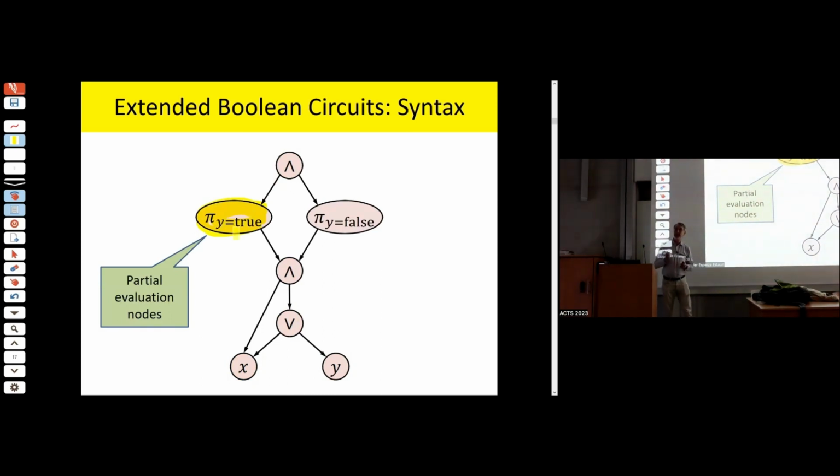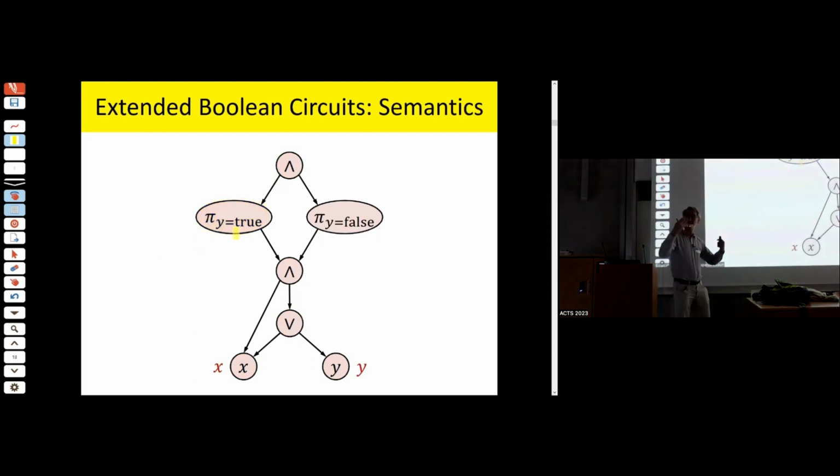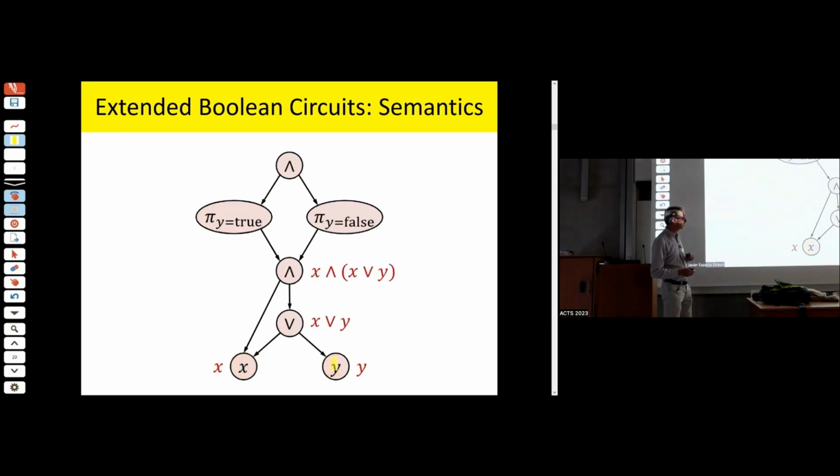So the idea is that an extended Boolean circuit is going to be a compact representation of a Boolean formula, right? And which is the Boolean formula? Well, you can pretty much imagine how it is built. We are going to associate Boolean formulas to all nodes going bottom up, right? So first, which is the Boolean formula we associate to the nodes labeled with variables? Well, the variable itself. And then to that node, we associate the OR, and there we associate the AND of the two children, right?